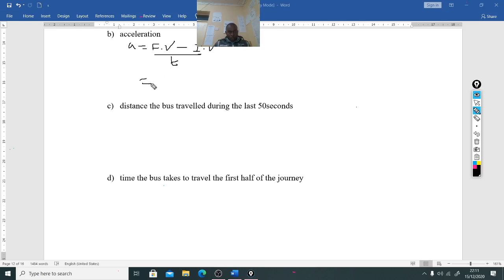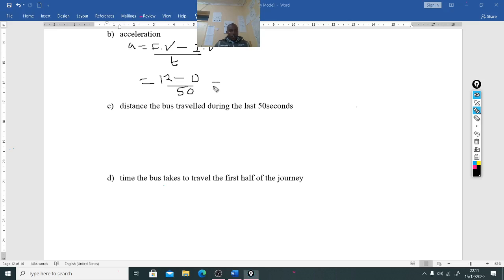Our final velocity we have found to be 12. We have not been asked for kilometers, so it is 12 meters per second minus the initial velocity, which started from 0, all over the time it took. It was the first 50 seconds.